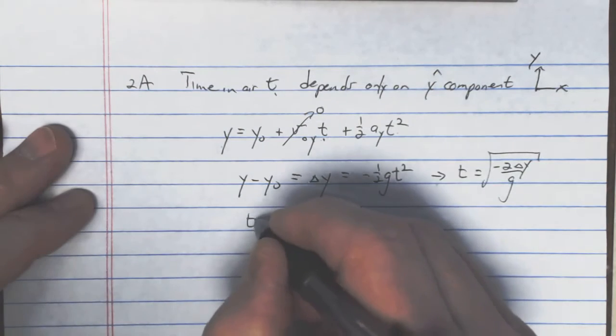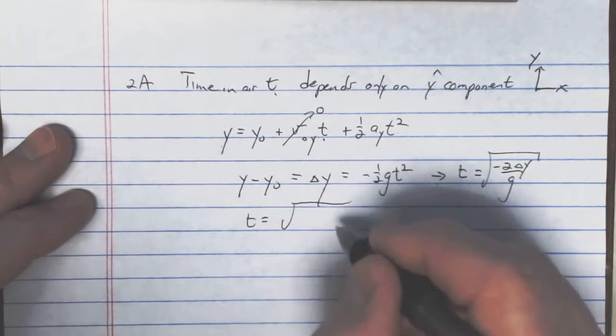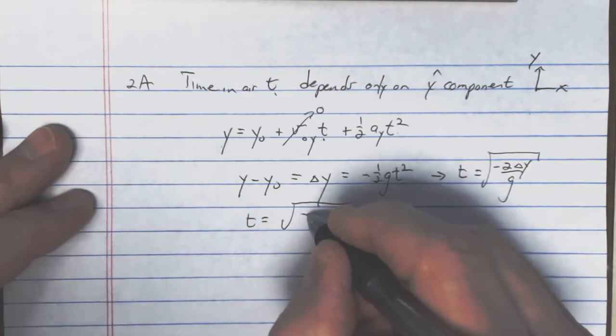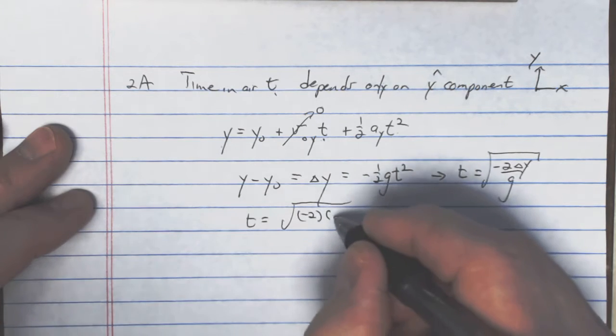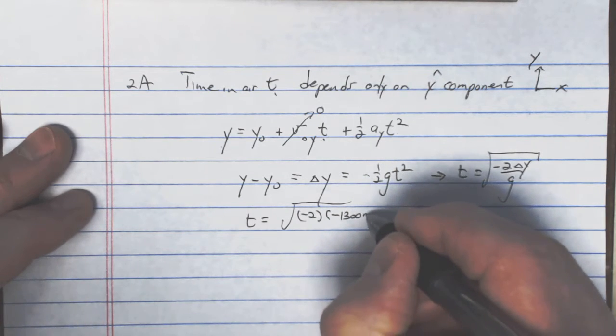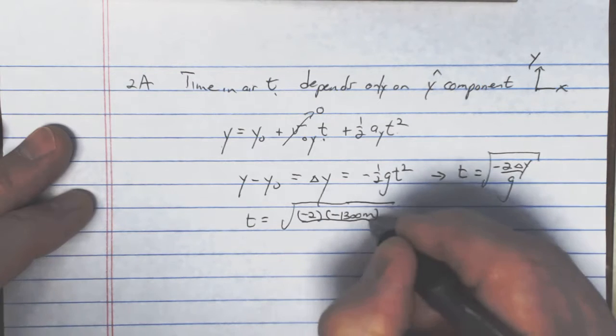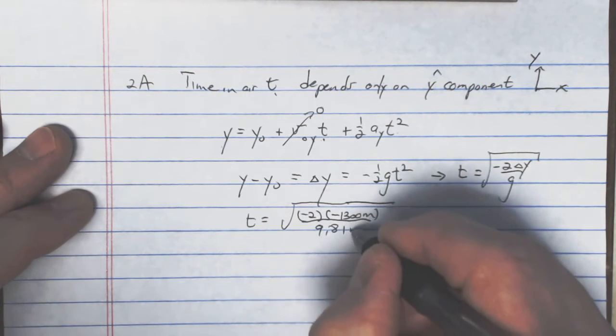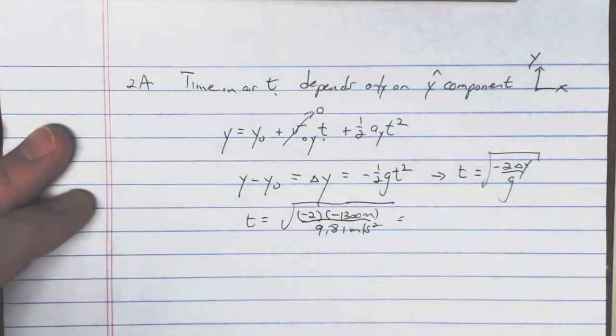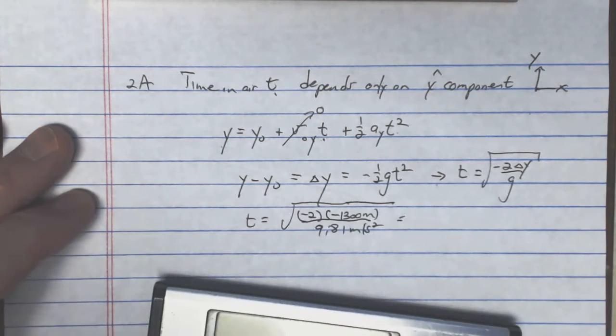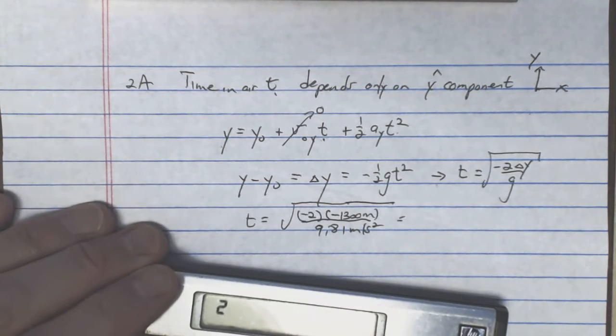So all you have to do now is actually plug in the values. The square root of negative 2 times negative 1,300 meters divided by 9.81 meters per second squared. Pull out my calculator, which uses reverse Polish notation. So it may look a little odd to you.